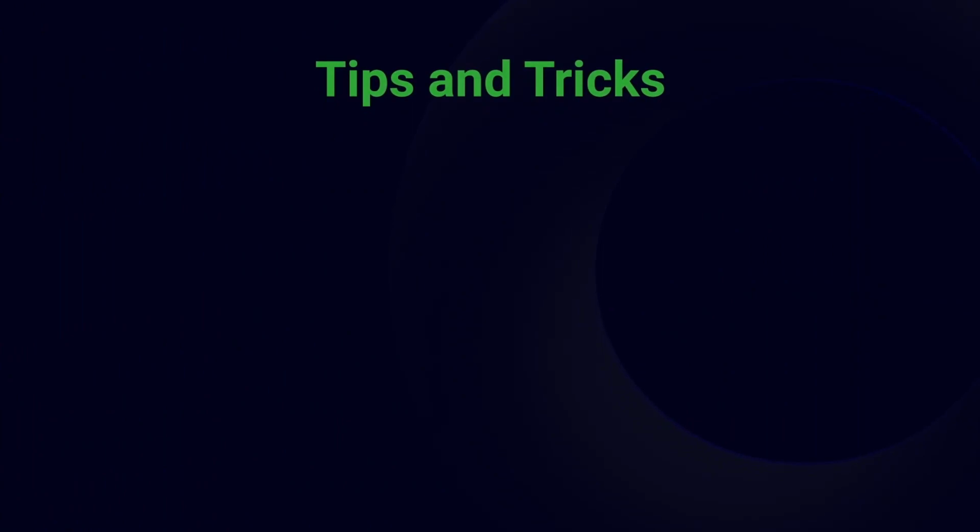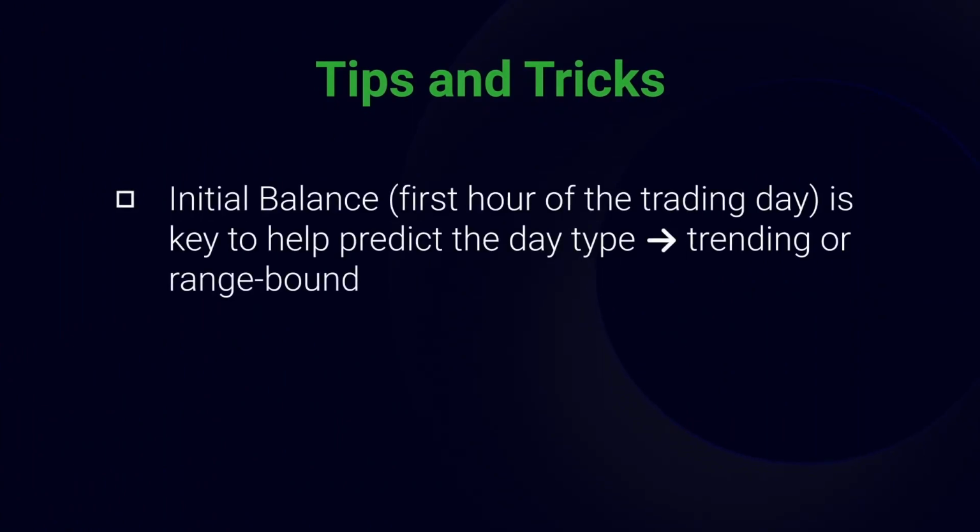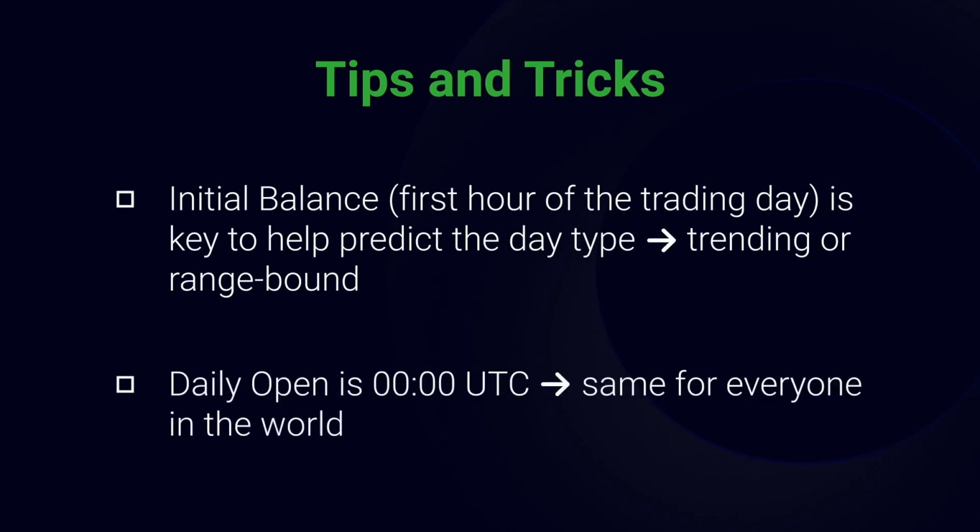Now let's go over some tips and tricks. The initial balance, or the first hour of the trading day, is key to help predict the day type, whether trending or range-bound. The daily open is always at midnight UTC time, and it is the same for everyone in the world.